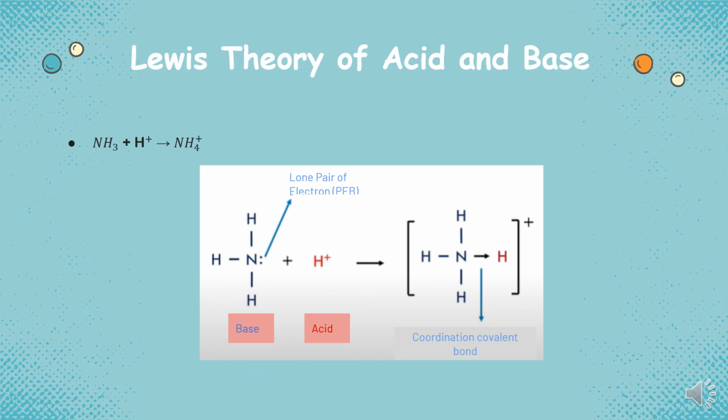NH3 or ammonia donates the lone pair of electrons to H+ to form NH4+ or ammonium by a coordinate covalent bond. So, NH3 or ammonia has a role as a base and H+ as an acid.